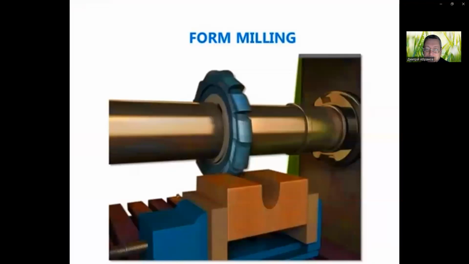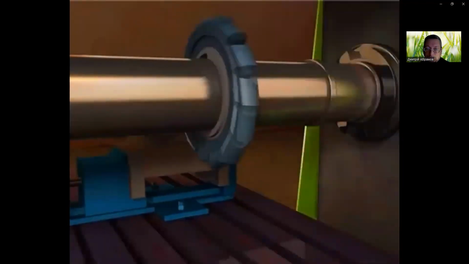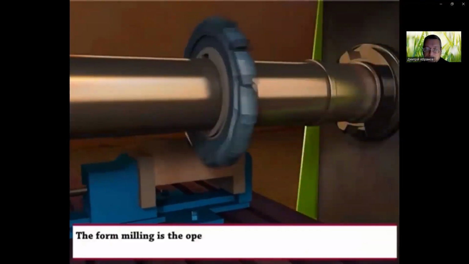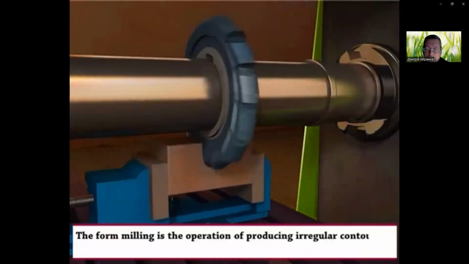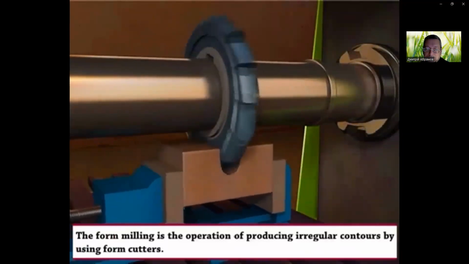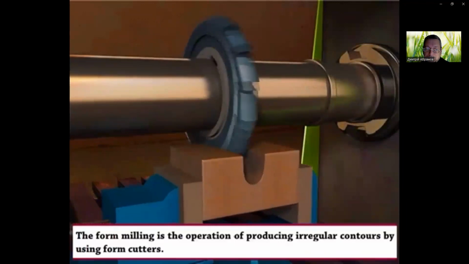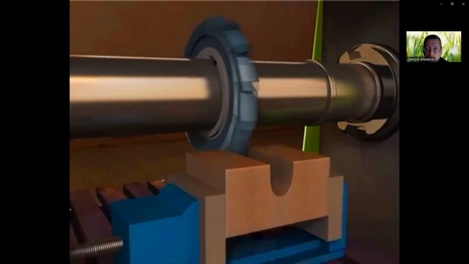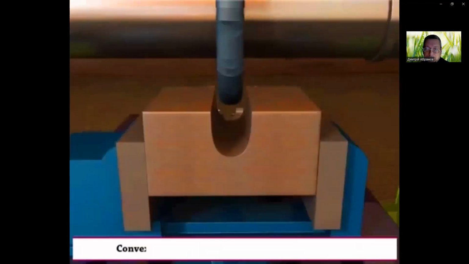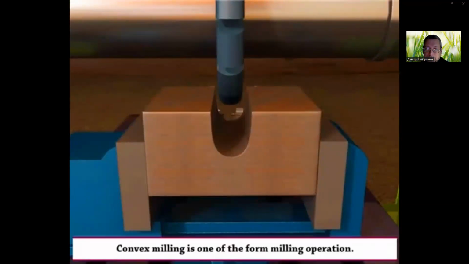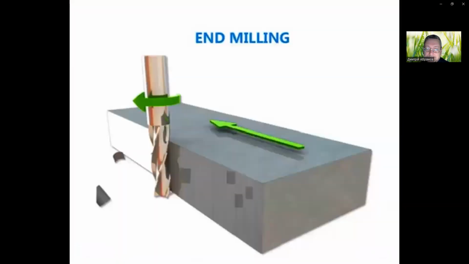Form milling. Form milling is the operation of producing irregular contours by using form cutters. Convex milling is one of the form milling operations. End milling.